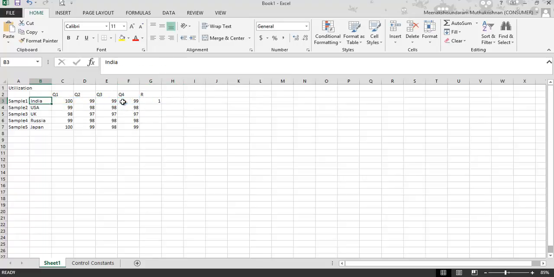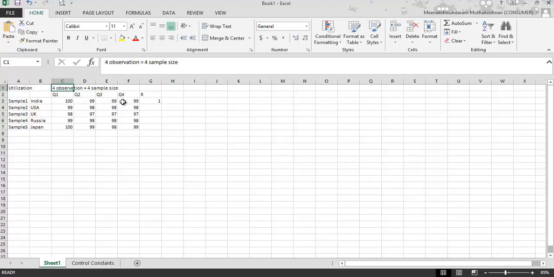I forgot to tell you, in this particular example each sample has a sample size of 4. So we have 4 observations here. Observation is nothing but sample size.